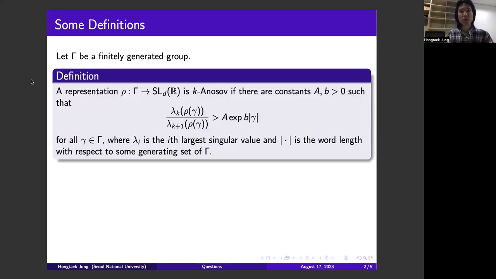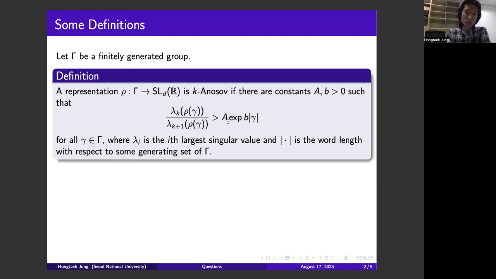So for a general finitely generated group, a representation is called k-Anosov if there are positive constants A and B such that the ratio of the k-th largest singular value of rho of gamma over the (k+1)-th largest singular value of rho of gamma is bounded from below by A times the exponential of B times the word length of gamma. This is the easiest definition for a k-Anosov representation.